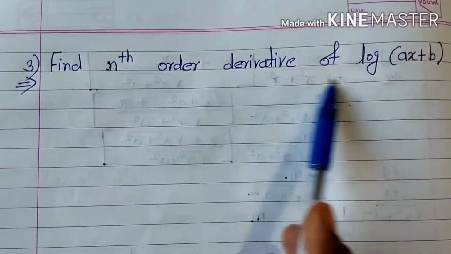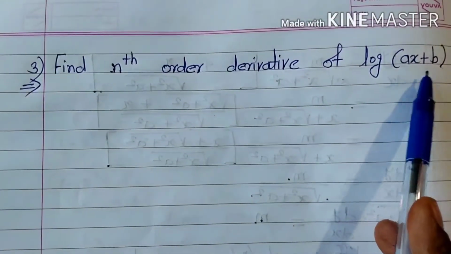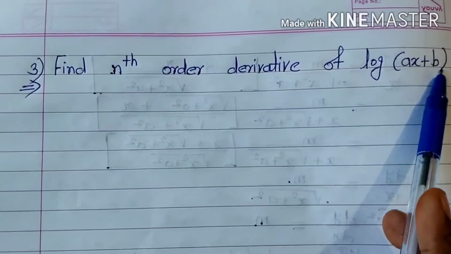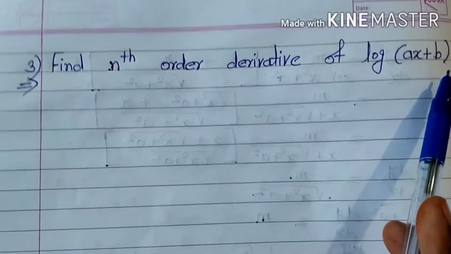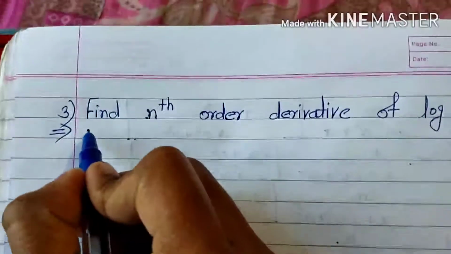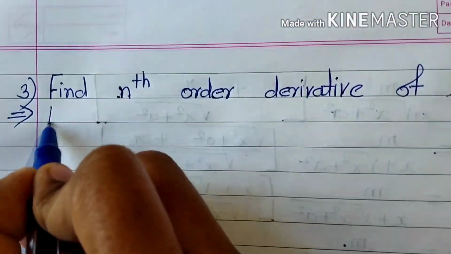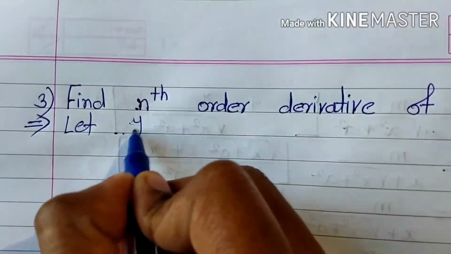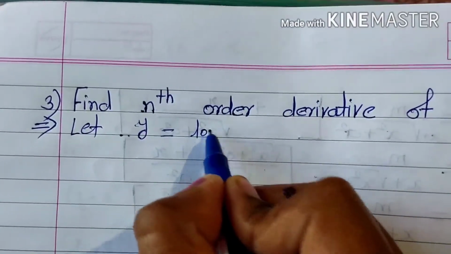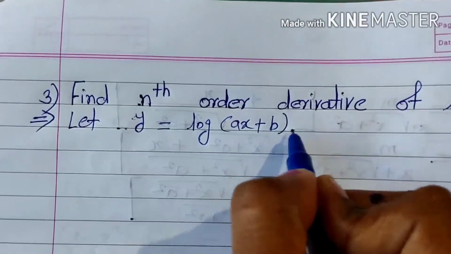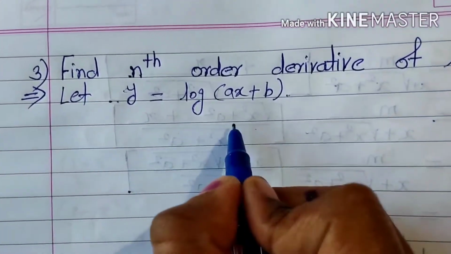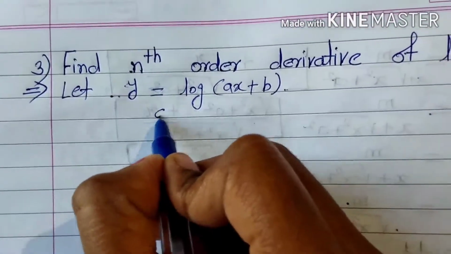So first take log ax plus b, but here you have to take y is equal to log ax plus b. So write here, let y is equal to log ax plus b. So first differentiate with respect to x.